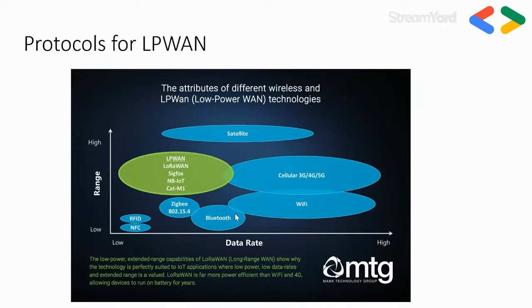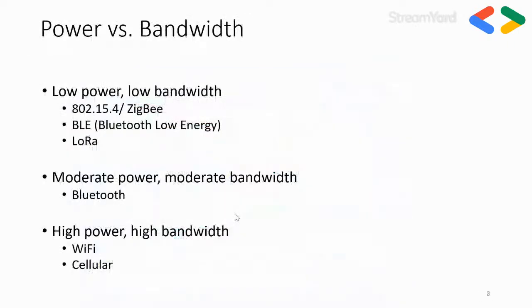We're focused on low power wide area network protocols, and they can pretty much support all of the standard IoT applications. But again, it's up to you. You have to see what your application needs, see the different features supported by each protocol, and then go for the one that works for you. So this is the paradigm of power versus bandwidth versus range.